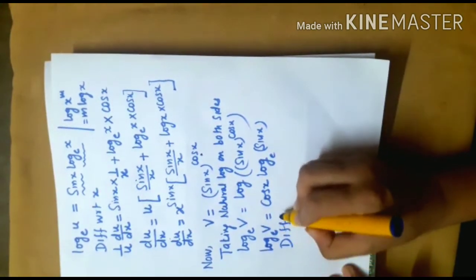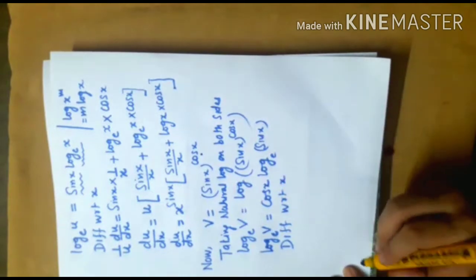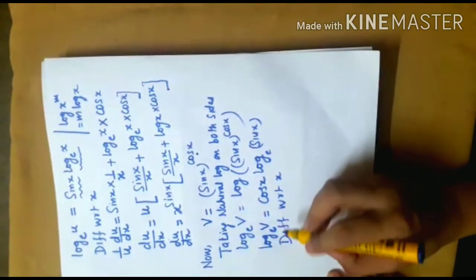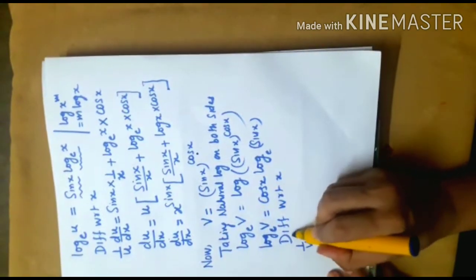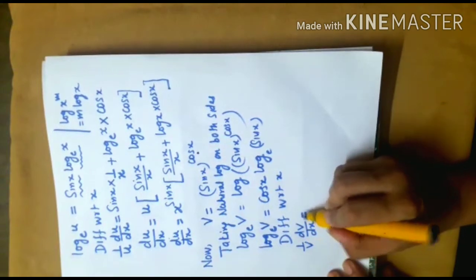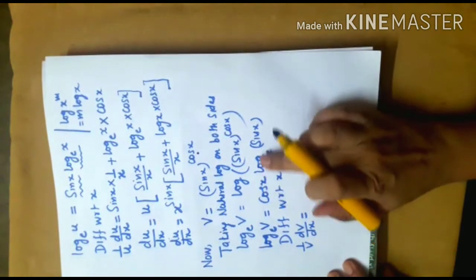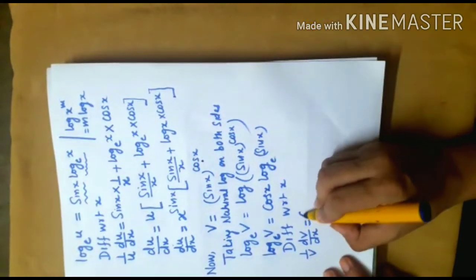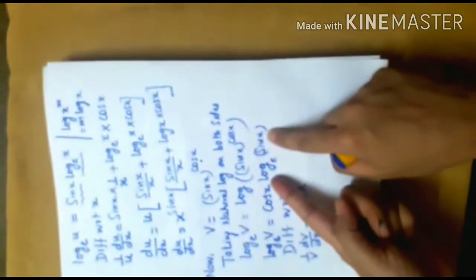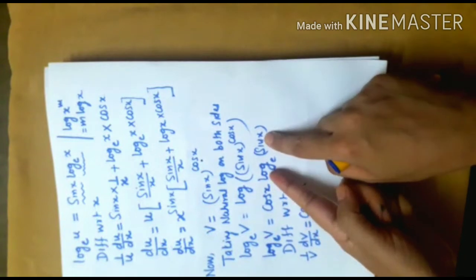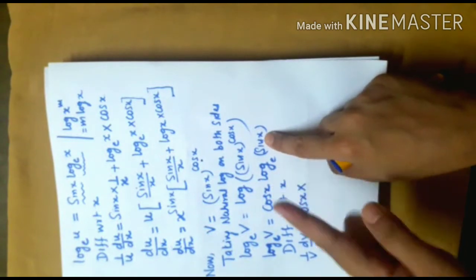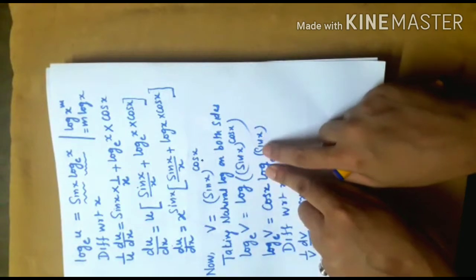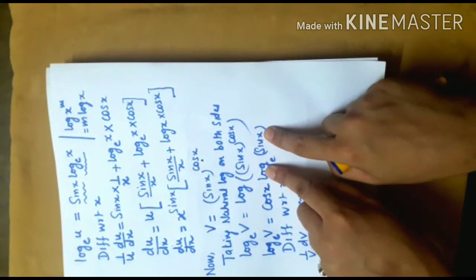Now I differentiate with respect to x. So, the derivative of log v will be 1 by v dv by dx. Here two functions are getting multiplied, so I'll make use of the product rule. So first function into the derivative of the second function. Now look here, this function is a composition of two functions, log x and sin x. So I'll apply the chain rule.